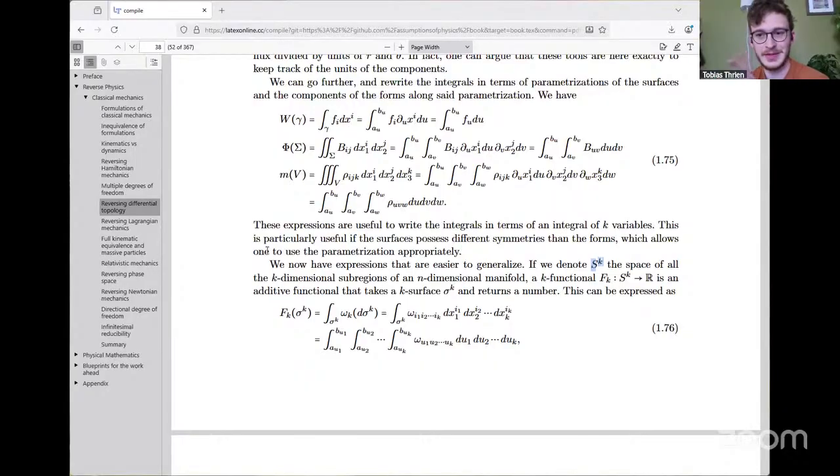Okay, maybe one last detour before I continue reading. The space of subregions sounds a bit like Grassmannians, but I think Grassmannians are vector subspaces, right? Oh, I have to go and look at the definition. Okay, so what's a Grassmannian in this case?